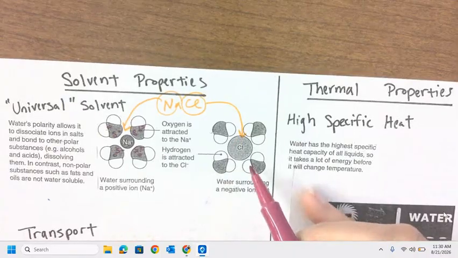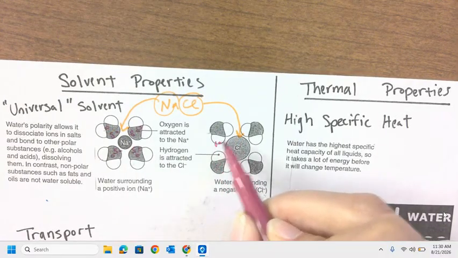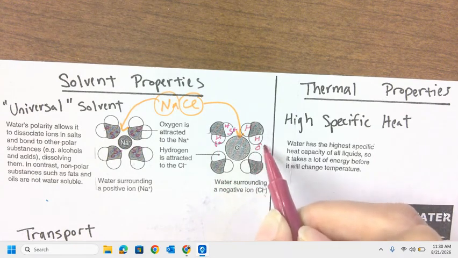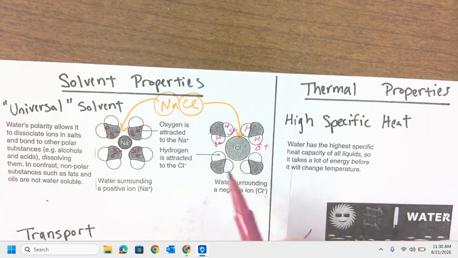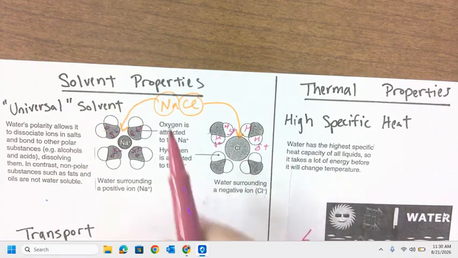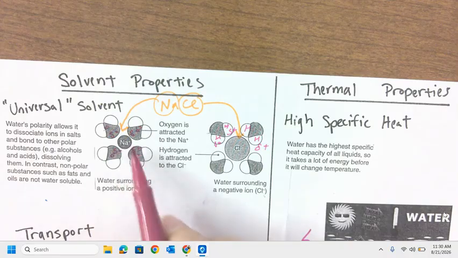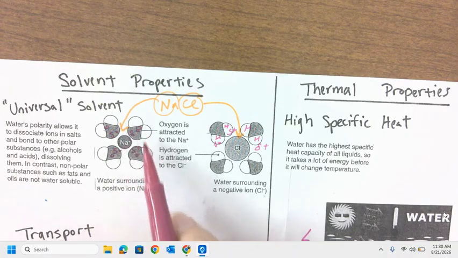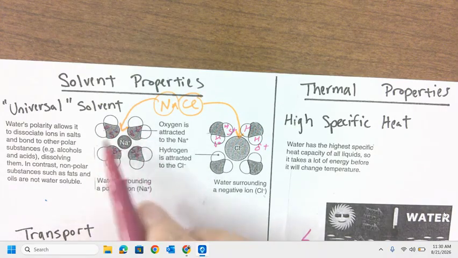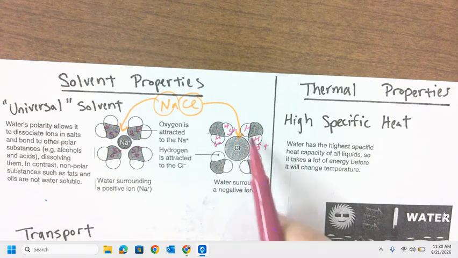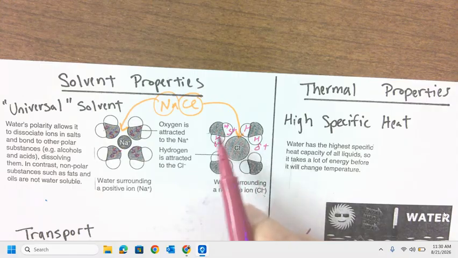For the chloride ion to dissolve, the slightly positive hydrogens, I'm going to draw them all in, the slightly positive hydrogens surround the chloride ion, right? So water can dissolve a lot of things because it can dissolve positively charged things because the oxygen will surround those positively charged things to dissolve them. It can dissolve negatively charged things because the negative chloride can be surrounded by the positive hydrogens.